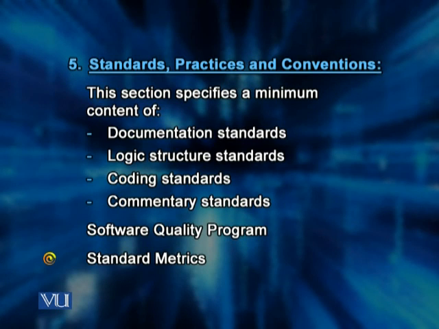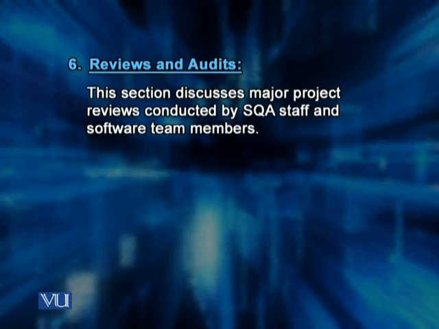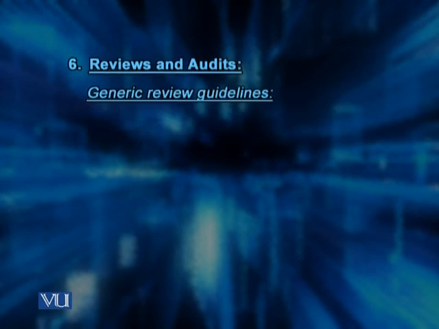The sixth section in the software quality assurance plan is reviews and audits, and it discusses major project reviews conducted by the SQA staff and software team members. The first subsection in this is titled Generic Review Guidelines.